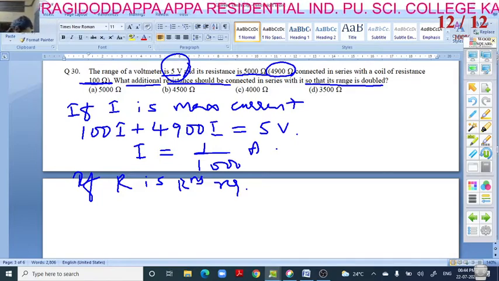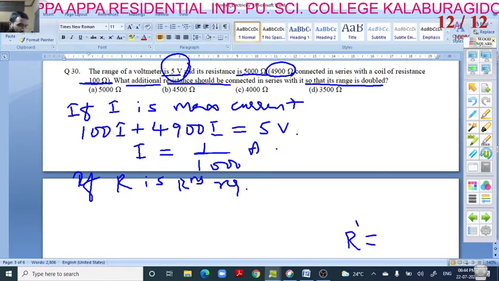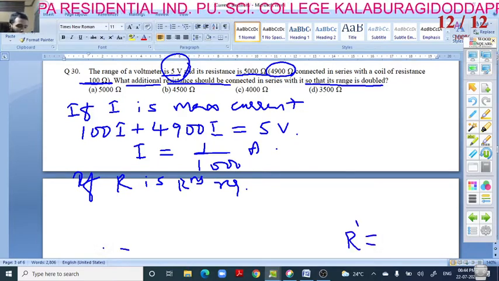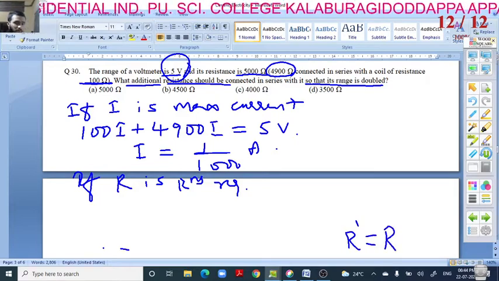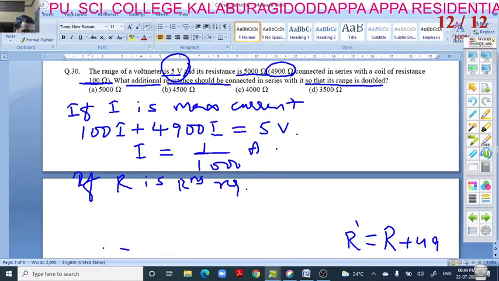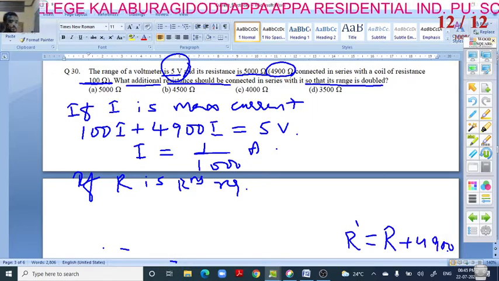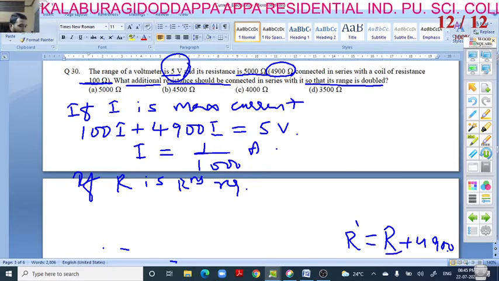So R dash is equal to our circuit resistance plus 4900 ohm. It becomes like this. Then what is the value of R? That I want to know here.